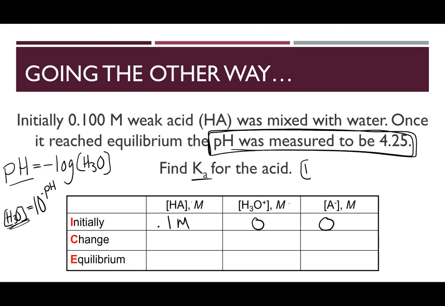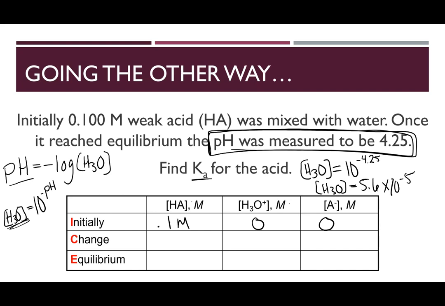So to get the hydronium concentration, I'm going to take 10 raised to the negative 4.25. So type that into my calculator, 10 caret negative 4.25. And I get that the hydronium concentration is 5.6 times 10 to the negative fifth. Okay.